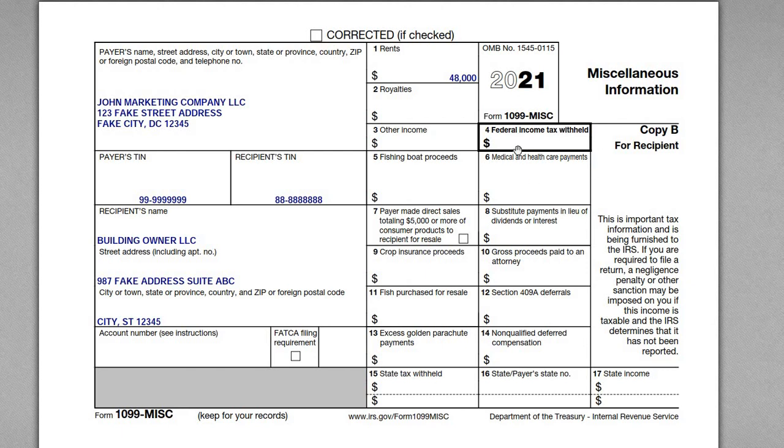And so you would have to backup withhold and then remit those amounts to the IRS. In this case, that doesn't apply because the building owner provided a validly executed Form W-9, so John's marketing company is happy. So they just report their rents and go ahead and e-file this, provide a copy to the building owner. You keep a copy for your records, and the IRS gets their copy via the e-filing.